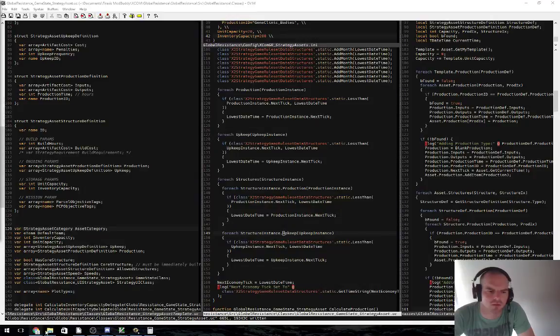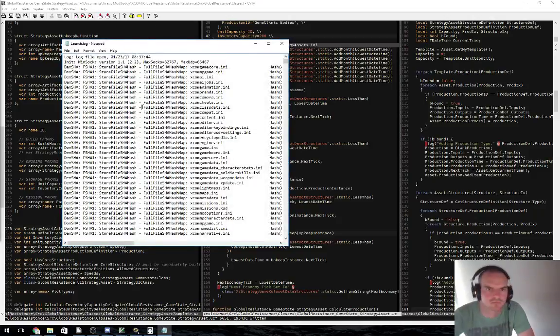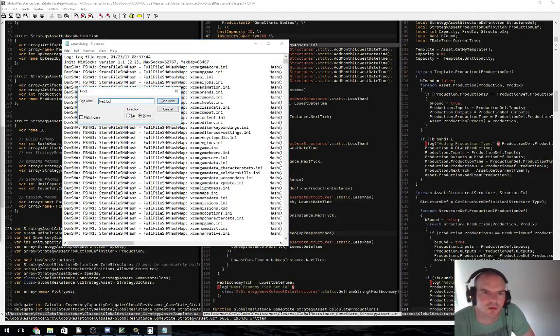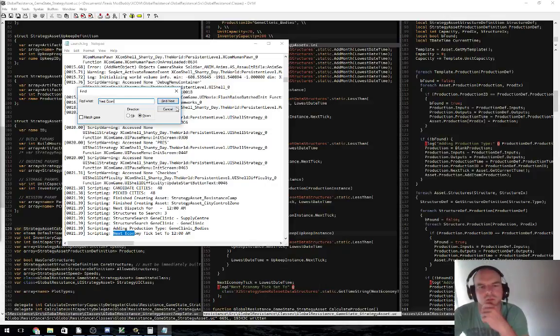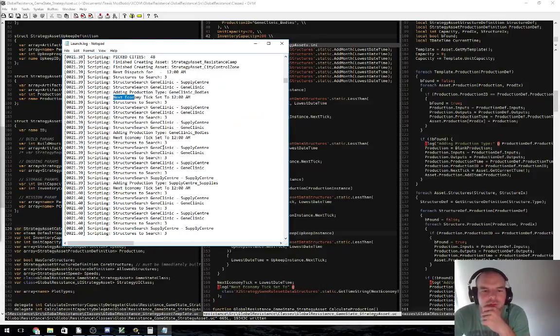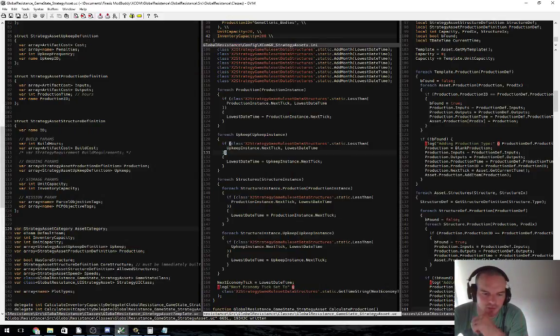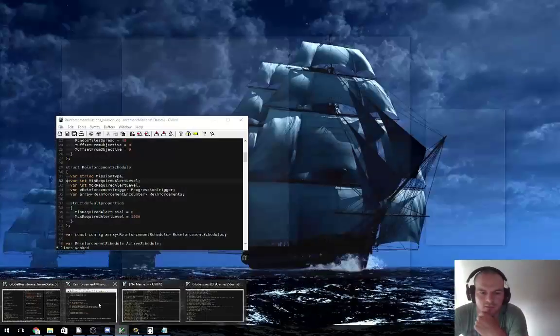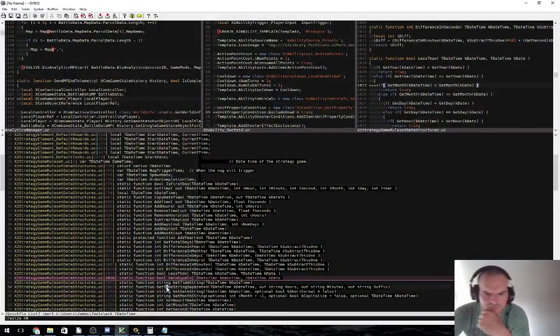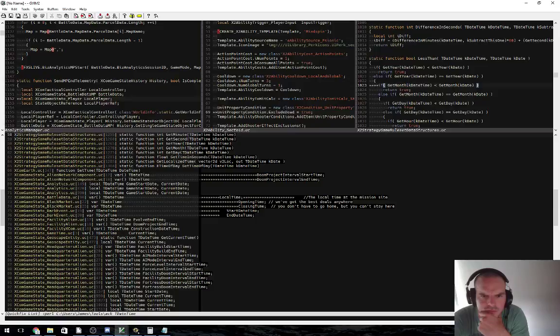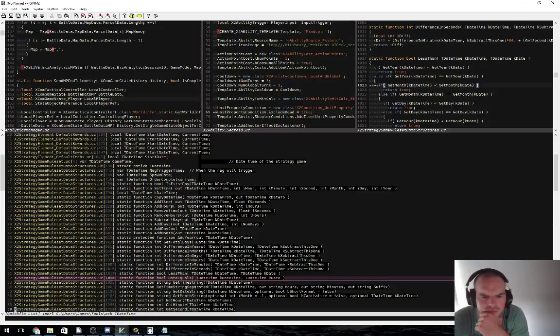So let's see if we can get some information from the log as per usual. Next econ tick set to 12 AM. That's not very useful. Well, I did say get time string, I guess. We have the date string and the time string. How about that?